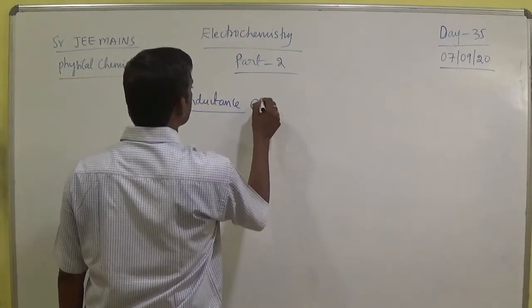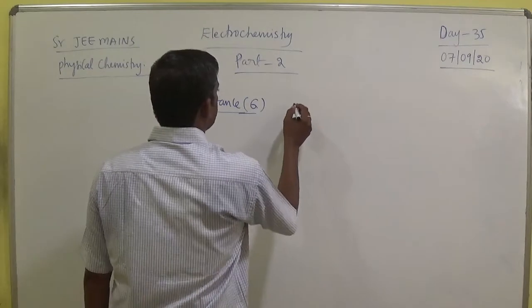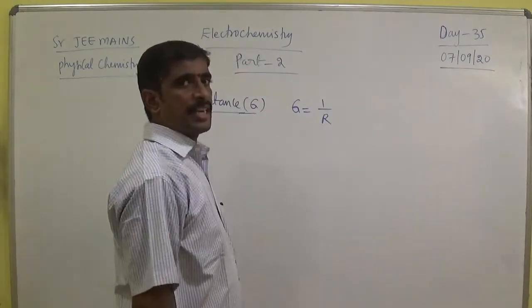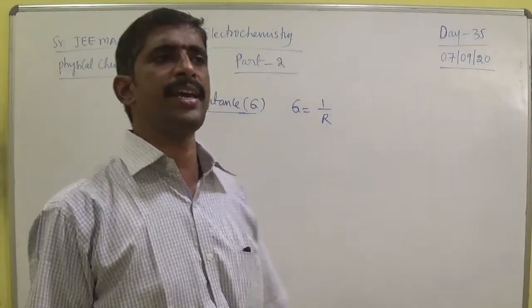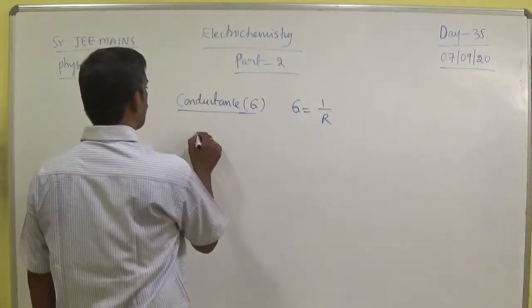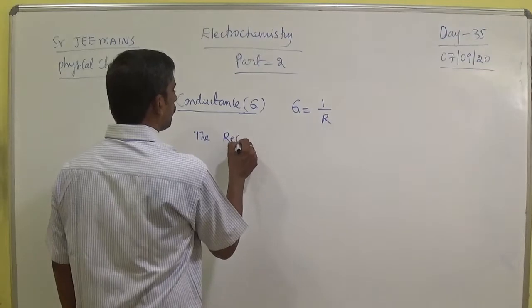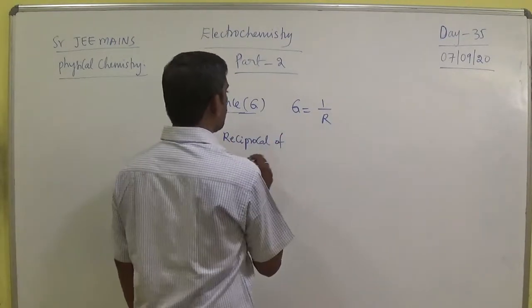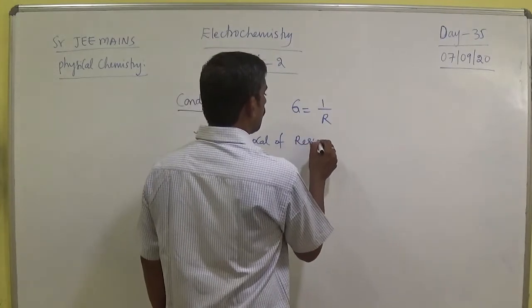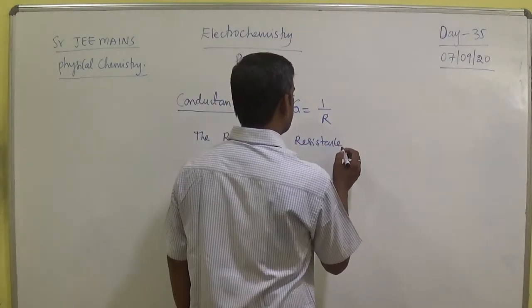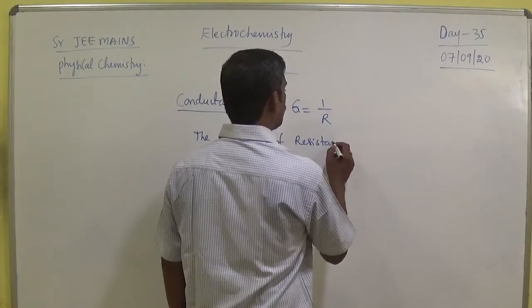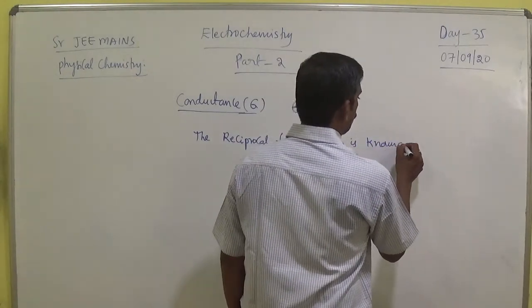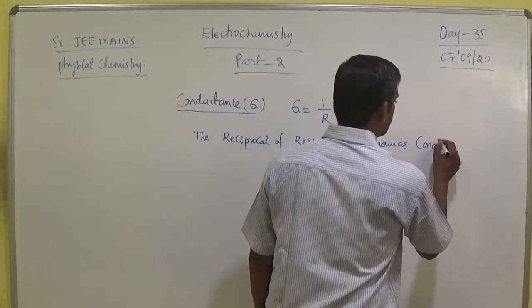Conductance is represented by G. Generally conductance G equal to 1 by R. Simply, the reciprocal of resistance is known as conductance.